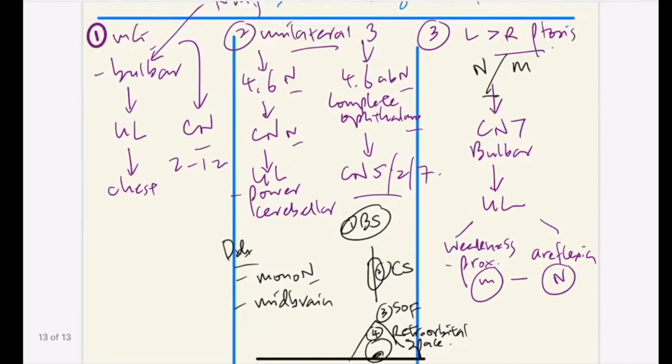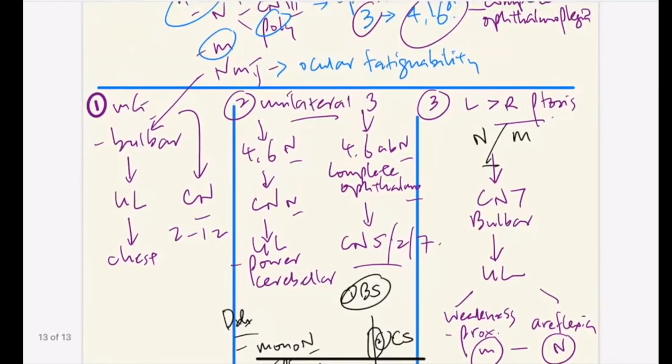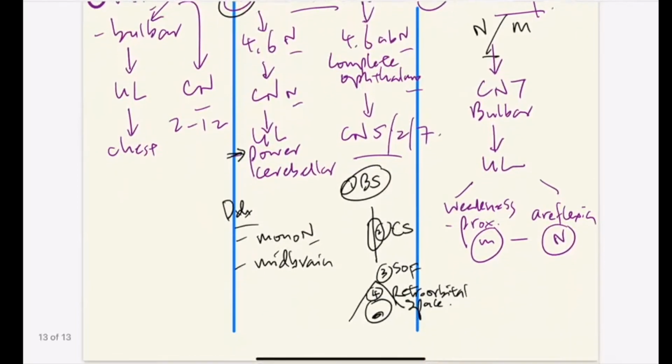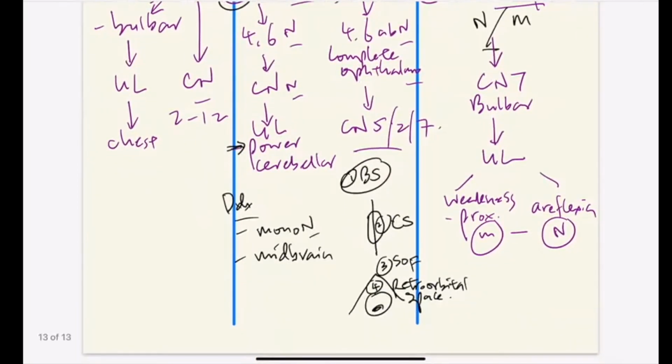So let's now make presentations. For example, we have a unilateral third nerve palsy, and there is a contralateral limb weakness due to midbrain syndrome secondary to stroke. So this is how I will present.